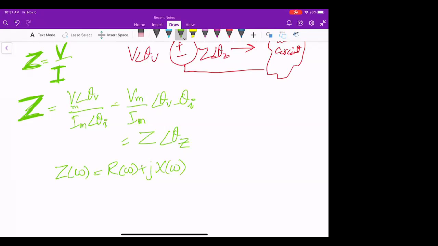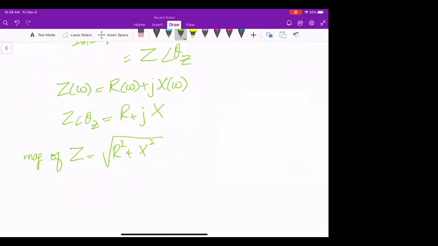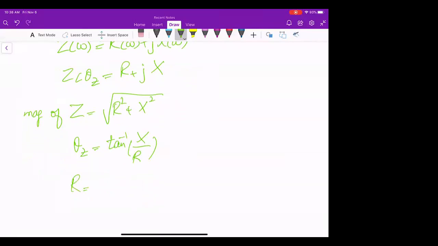I can also write this as R plus jX, where the magnitude of Z is the square root of R square plus X square, and its angle theta Z is tan inverse of X over R. So if you have X here and R here, and this is your theta Z, this will be your Z, and then your R will be Z cos theta Z. Sounds good?